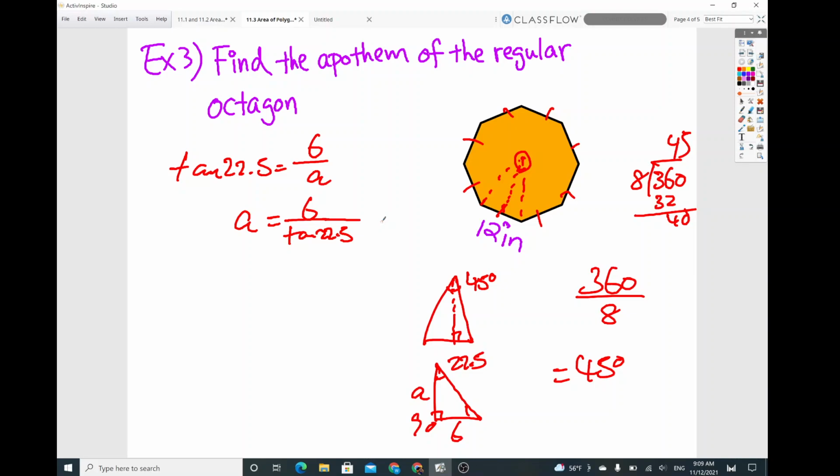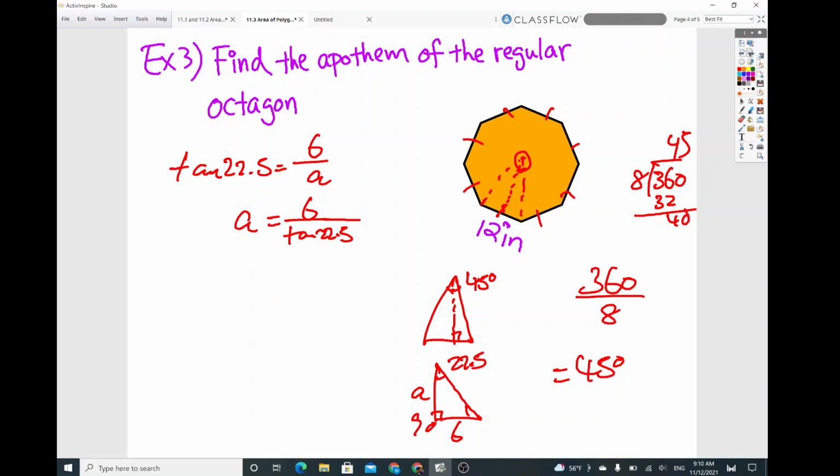You can plug that into the calculator to find exactly what that is, or simply leave it that way. Since this is a non-special right triangle, we use SOHCAHTOA: cosine, sine, or tangent. This one involves opposite over adjacent, so that's why we're choosing tangent.